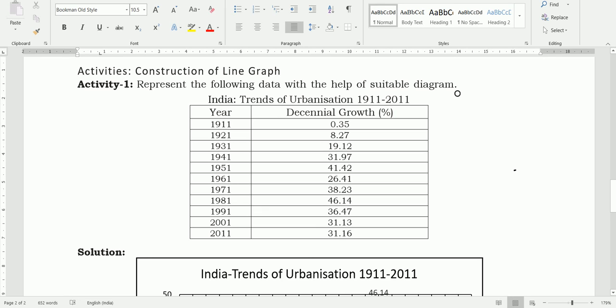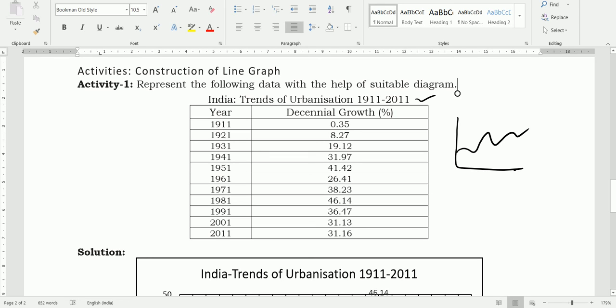India's trends of urbanization from 1911 to 2011. So we need to select an appropriate diagram. I think the most appropriate one for showing trends will be a line graph.